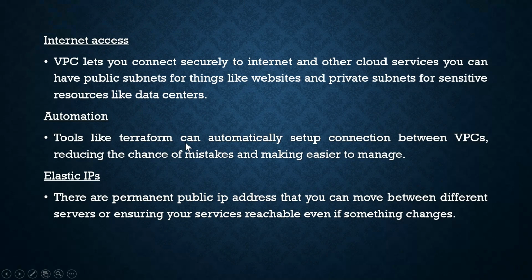Tools like Terraform can automatically set up connections for your VPC, reducing the chances of mistakes and making it easier to manage. And next one is Elastic IP. These are permanent public IP addresses that you can move between different servers, ensuring your services are reachable even if something changes. So these are the benefits of using VPC.